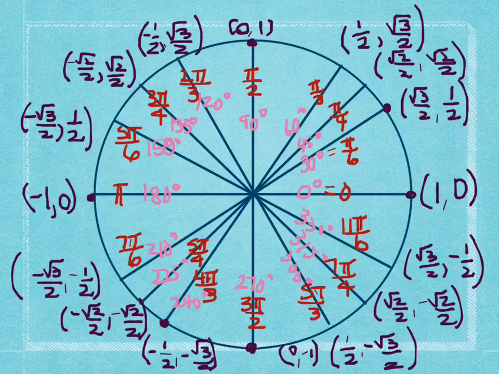At the 90 and 270, or some of you are saying on the y-axis, right? If I'm on the y-axis, either at the top or the bottom, at the 90 or 270, or the pi over 2 and 3 pi over 2, I can't have a tangent value. And I can't have a tangent value because the x value is 0, and if the x value is 0, I get a y value divided by 0, and that's undefined. So I can't get tangent values at those angle measures.